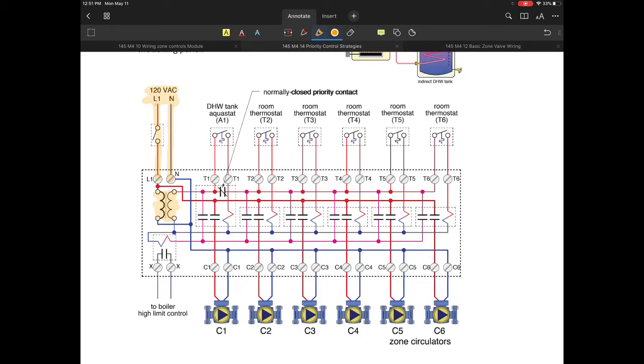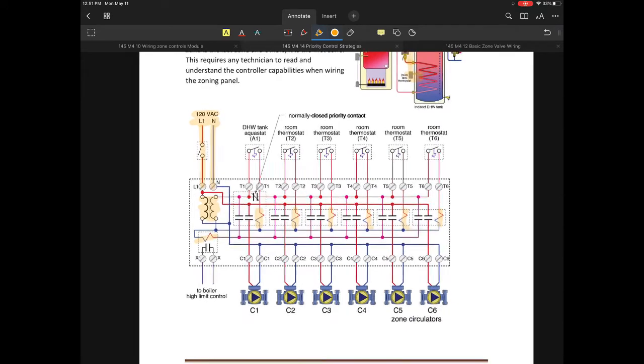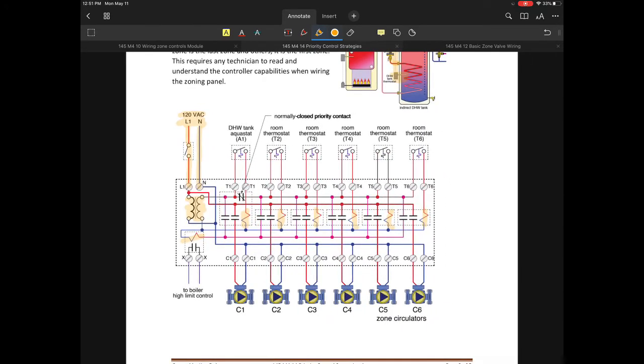That will in turn power the 120 to 24 volt zone transformer system. This transformer is going to be capable of handling the power consumption of any and all of these relays, in other words relay 1, 2, 3, 4, 5, and 6. It can handle all of those, and so it'll take care of the low voltage side whatsoever.